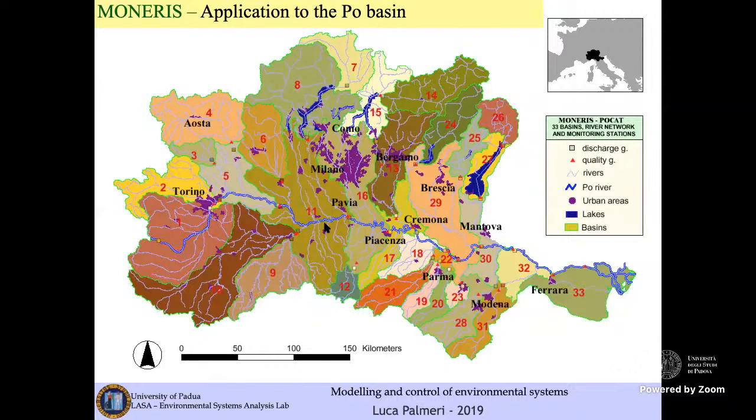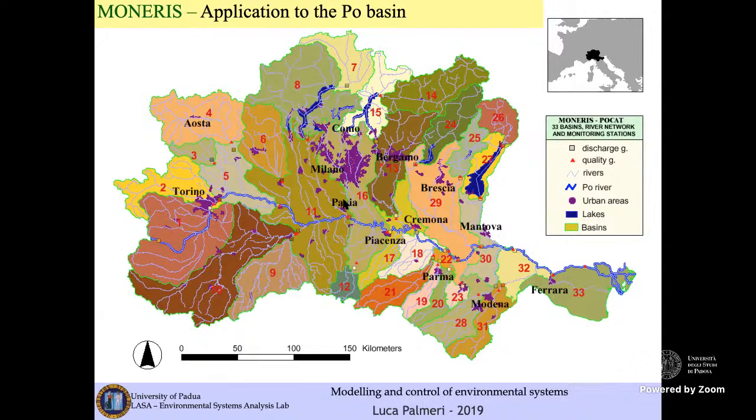For example, in this case, in the case of subbasin 11, the net surface area is this one, represented by the area of this subbasin, while the total contributing area is not only this one, but is this one plus the subbasin area 6, plus the subbasin 9, plus the subbasin 10, plus the subbasin 8, and so on. So all these subbasins are contributing to what is passing into Pavia gauging station. Is it clear?